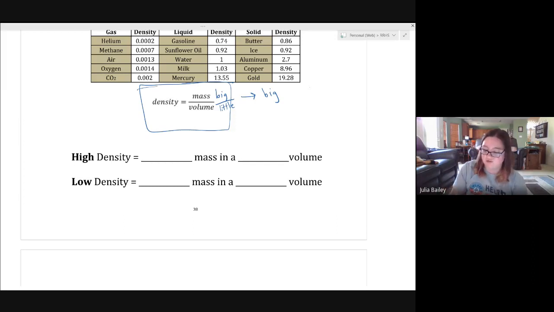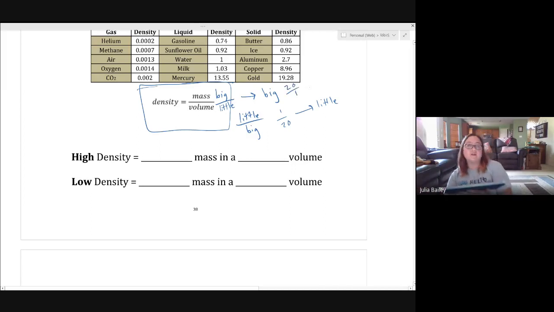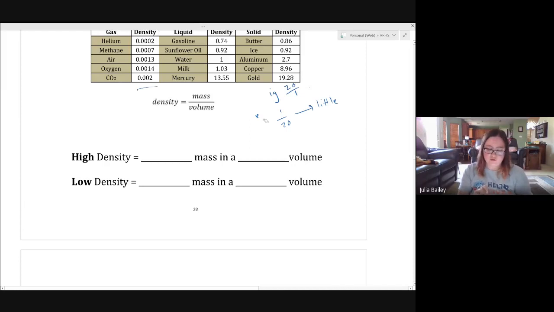Whereas, this is just the way fractions work, right? If you have a little number on top and a big number on bottom, like 1/20, that's going to be a little number. And that's how you get these tiny densities for gases versus a large density solid or liquid, which would be like 20/1. That's how ratios work.